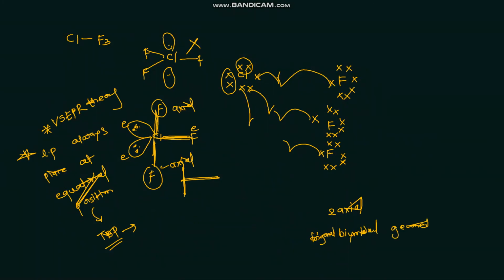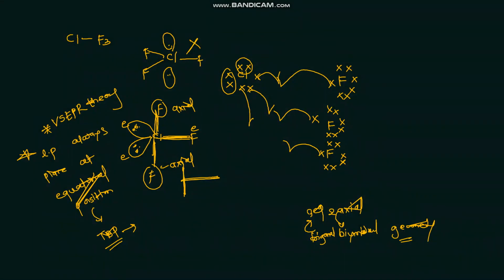The geometry is trigonal bipyramidal. 3 equatorial, therefore trigonal, 2 axial, therefore bipyramidal, therefore trigonal bipyramidal geometry.